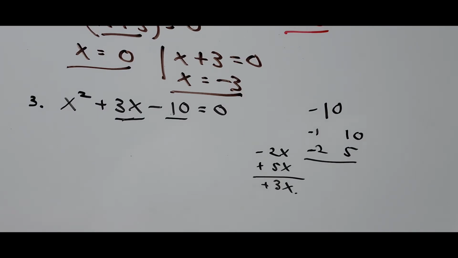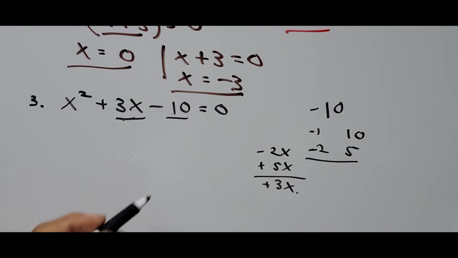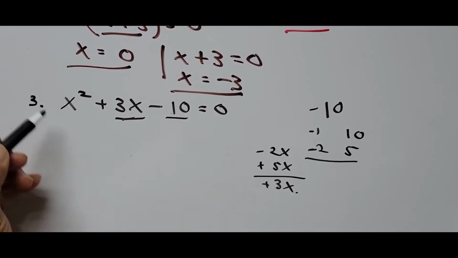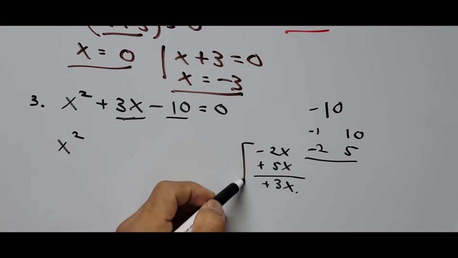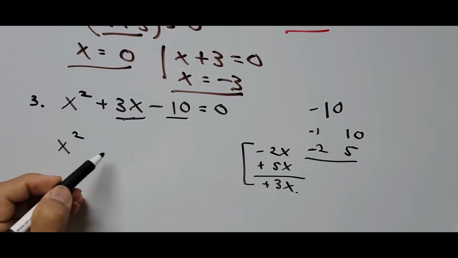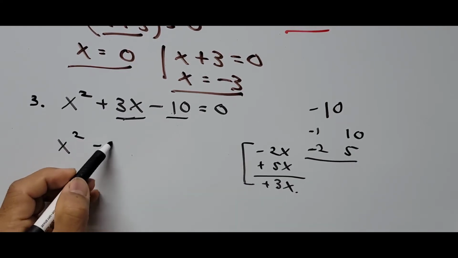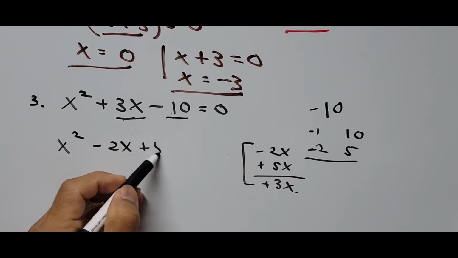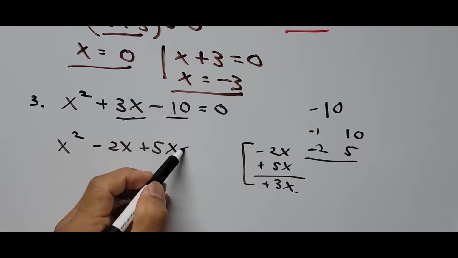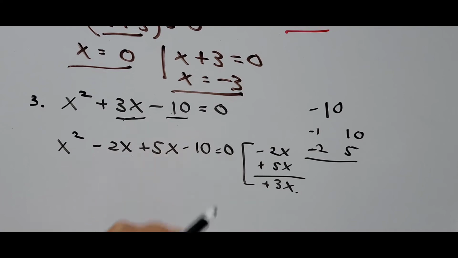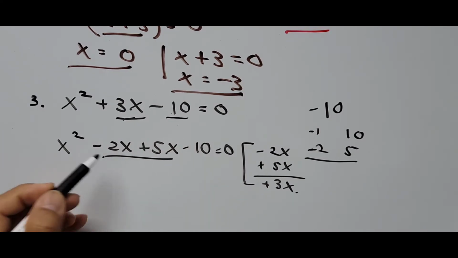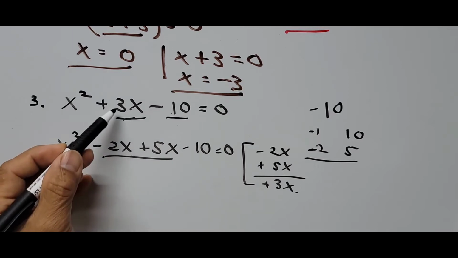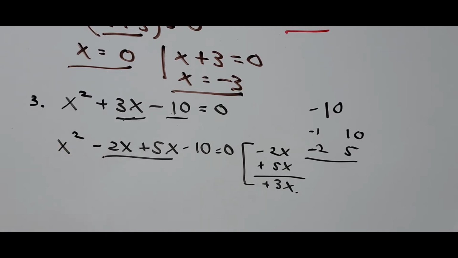Okay, so what we have to do is write this up back right here again. So that's x squared, this to this one right here. So that is minus 2x plus 5x minus 10 equals to 0. Since if you add these two up, 5 minus 2 is 3, and x is the variable.